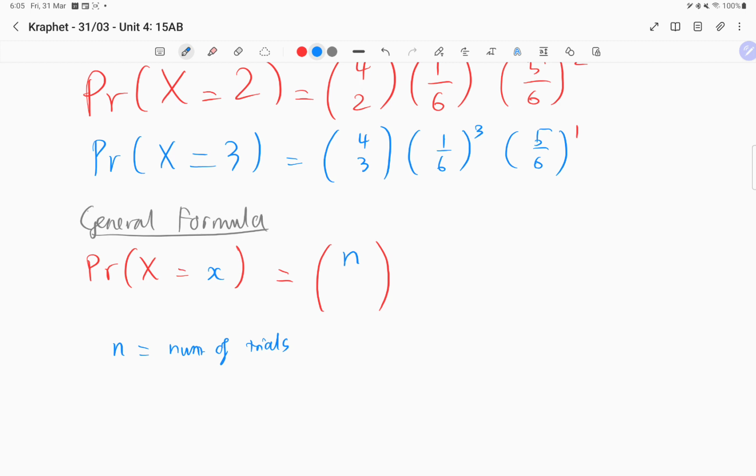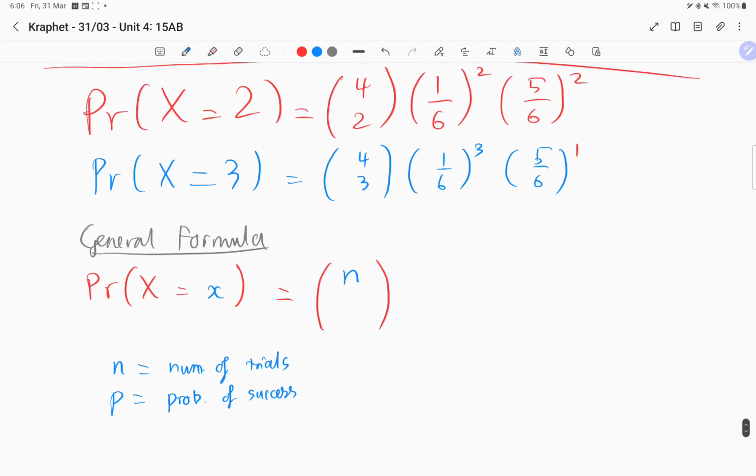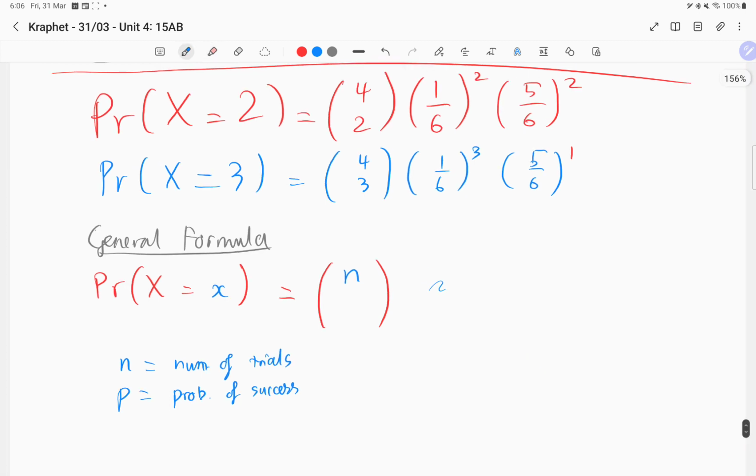So n equals the number of trials. Like in the case before, we threw the die 4 times. And then remember we said earlier the probability of success is p. Before, the probability of success was 1/6 for the die example, rolling a 6. Now we'll use the general formula.